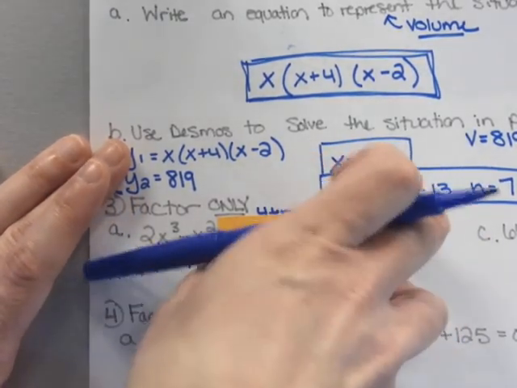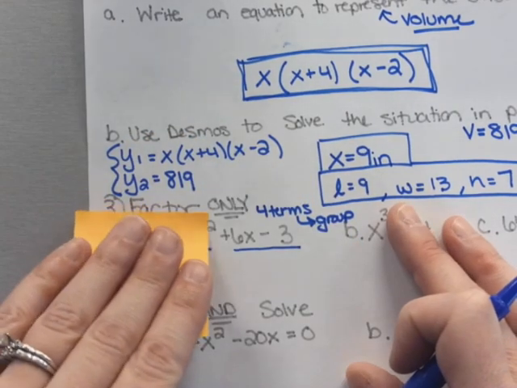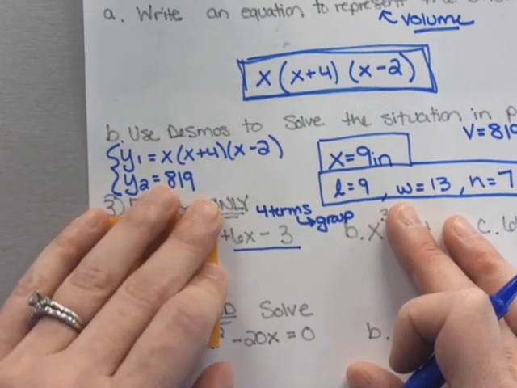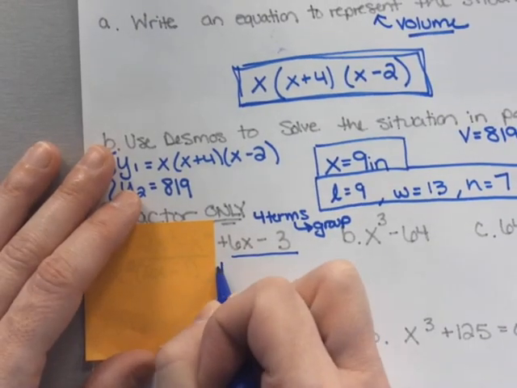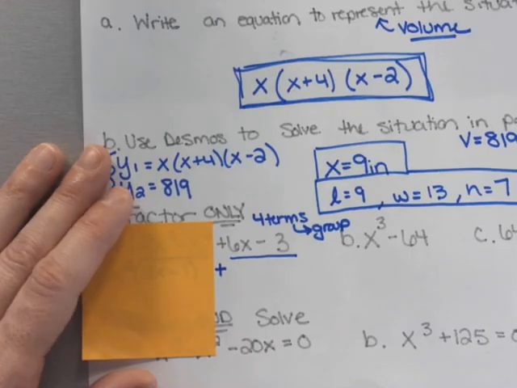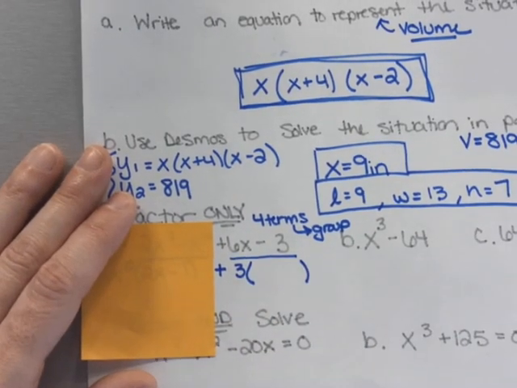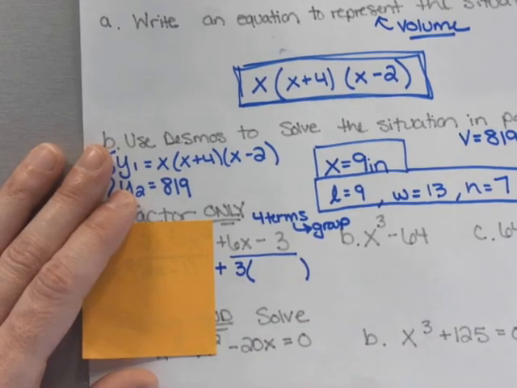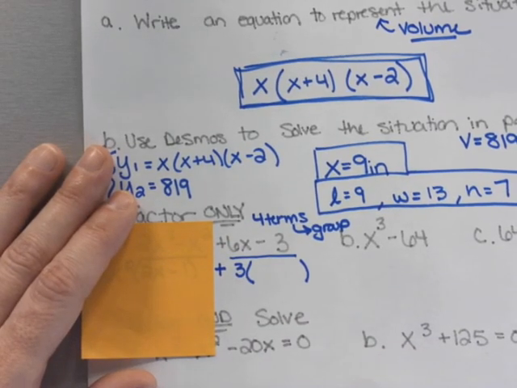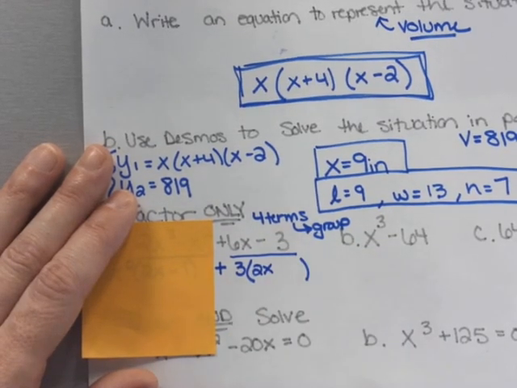Let me move over to the other side now. Move my post-it note here. All right, so we've got a positive. What can I take out from these 2 terms? 3. If I take out a 3, in parentheses, 3 times what is going to get me back to 6x? 2x. And 3 times what is going to get me back to -3?